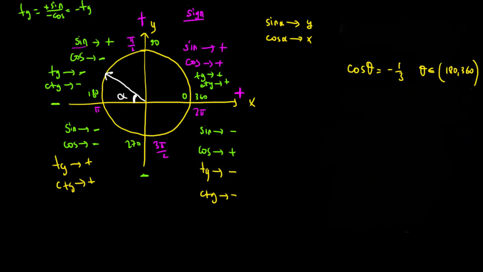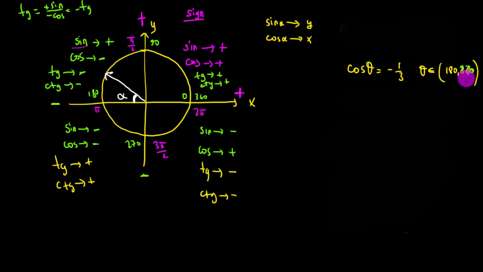Okay, another example. You have cosine theta equal to minus 1 over 3, and the angle theta is in the third quadrant. So it is between 180 and, okay, sorry, this should be 180 and 270. So my mistake.